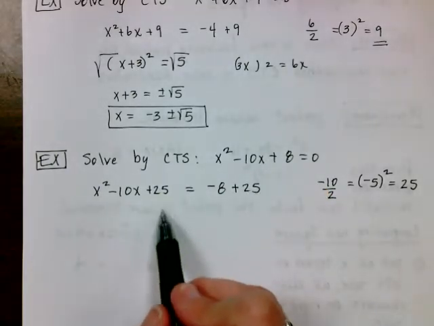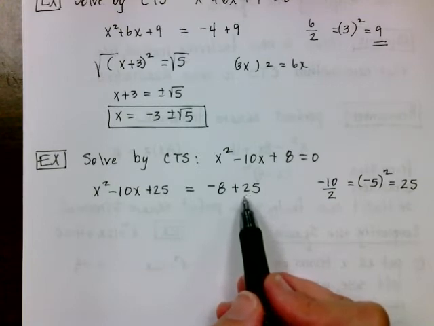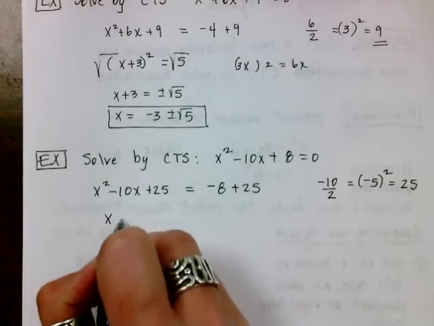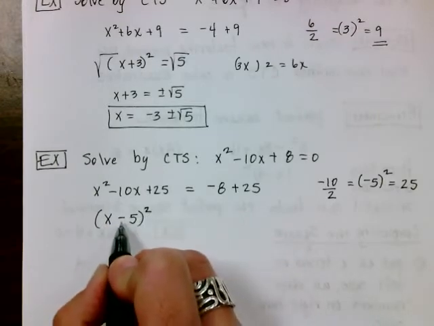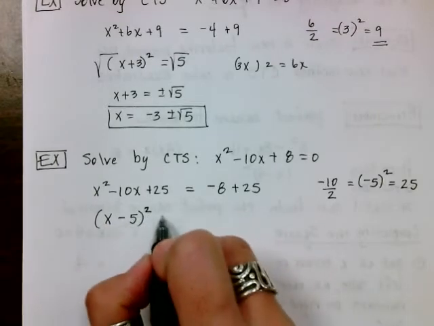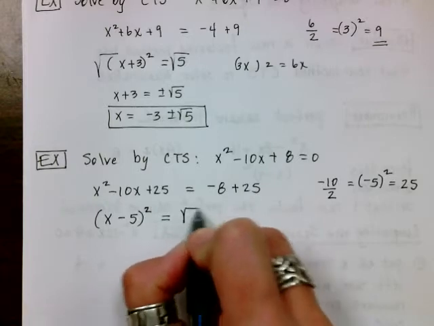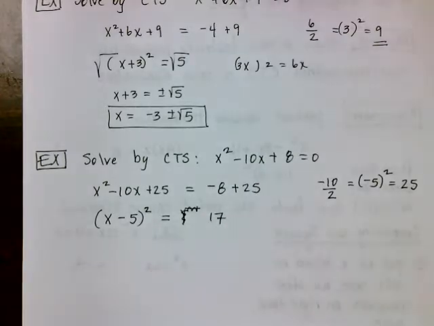Noticing that the net effect of that number combination is actually 0, so I haven't changed the equation, I just manipulated it. And now when I solve this, I get x minus 5. You always have to keep the sign of the middle term. It is equal to the square root of 17.